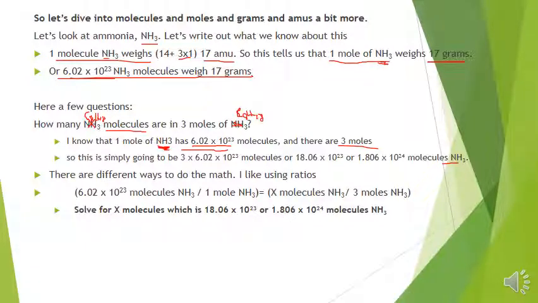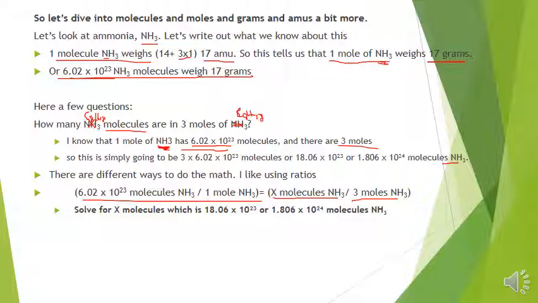So we're going between molecules and moles. It's independent of the substance. And you can write this as a ratio: there are 6.02 times 10 to the 23rd molecules of NH3 per 1 mole of NH3, and I want to know how many molecules of NH3 are in 3 moles.